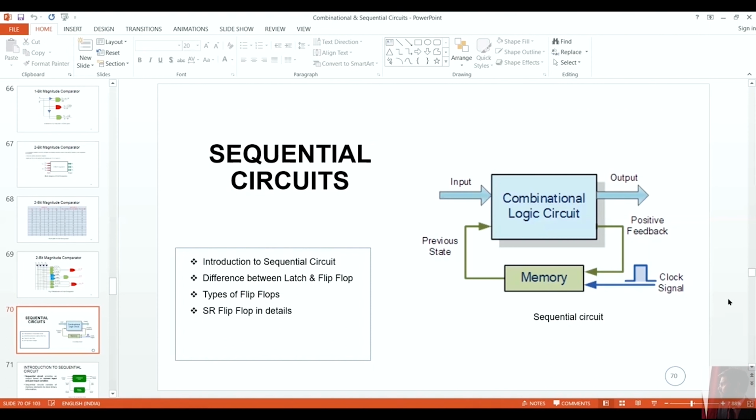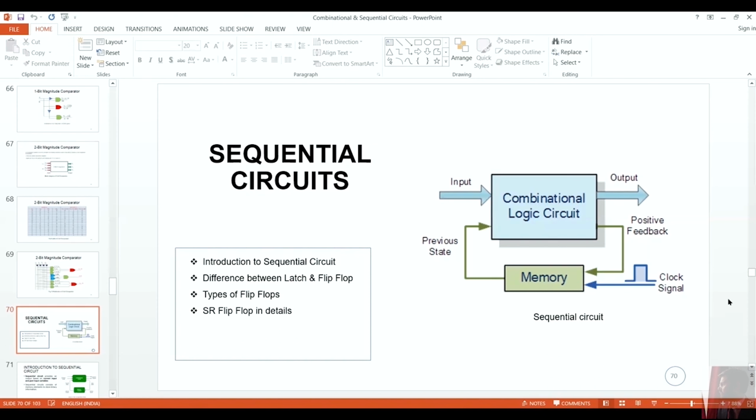So when I talk about sequential circuits, I am talking about the basic concept of sequential circuits. A lot of concepts were discussed in the previous video, but I will try to make it more general.